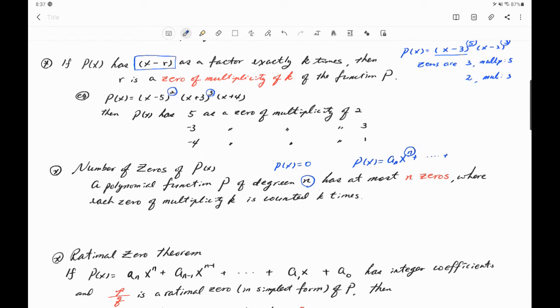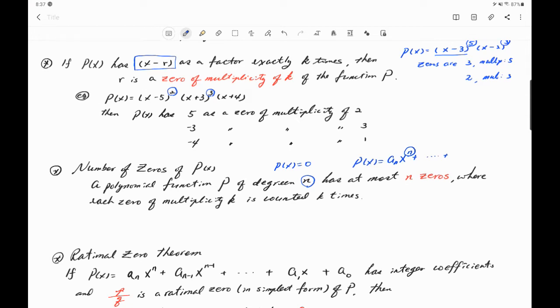So the degree of the polynomial is n. Then there are at most, the maximum, n zeros. So there are n x-intercepts at most. So it may be less than or equal to n. It may be fewer than n zeros, but the maximum is n. And this includes the multiplicity k as well.